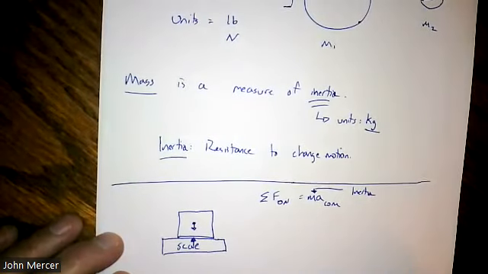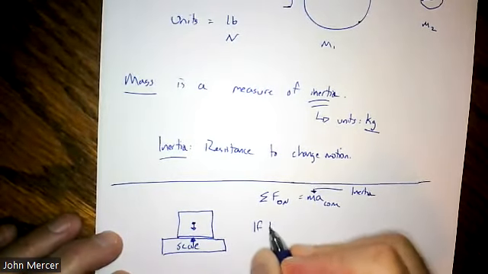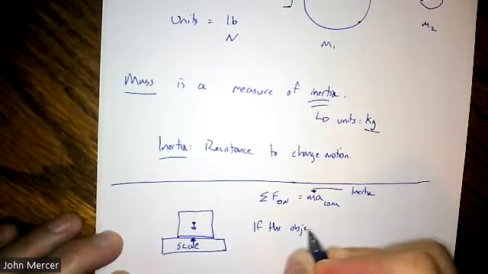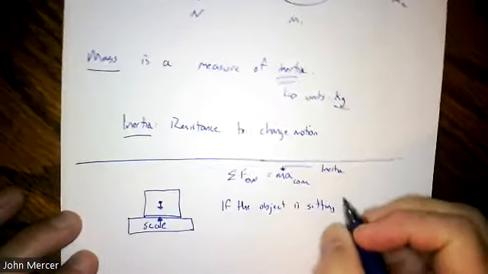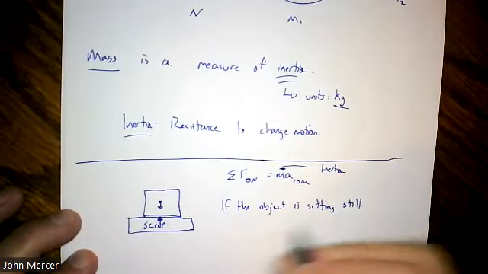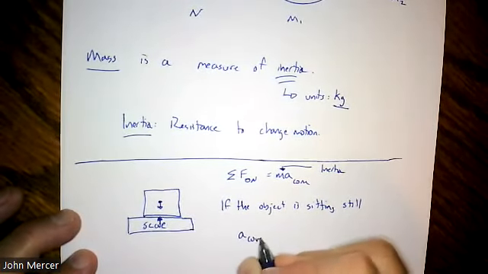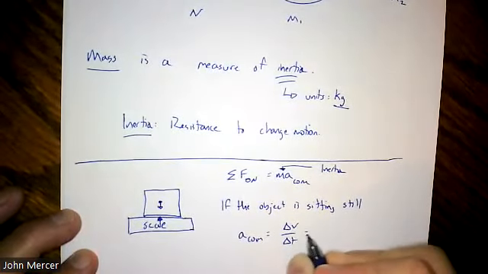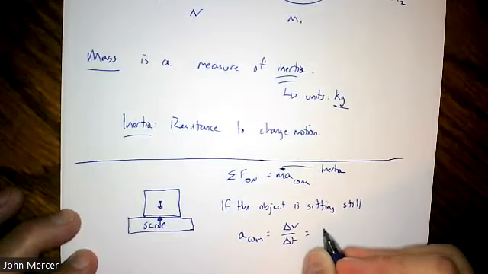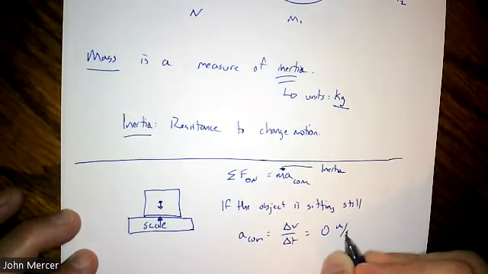In this case, if the object is sitting still, it's not moving on this scale, then a, acceleration, is 0, because the change in velocity over the change in time is going to be 0 meters per second squared.